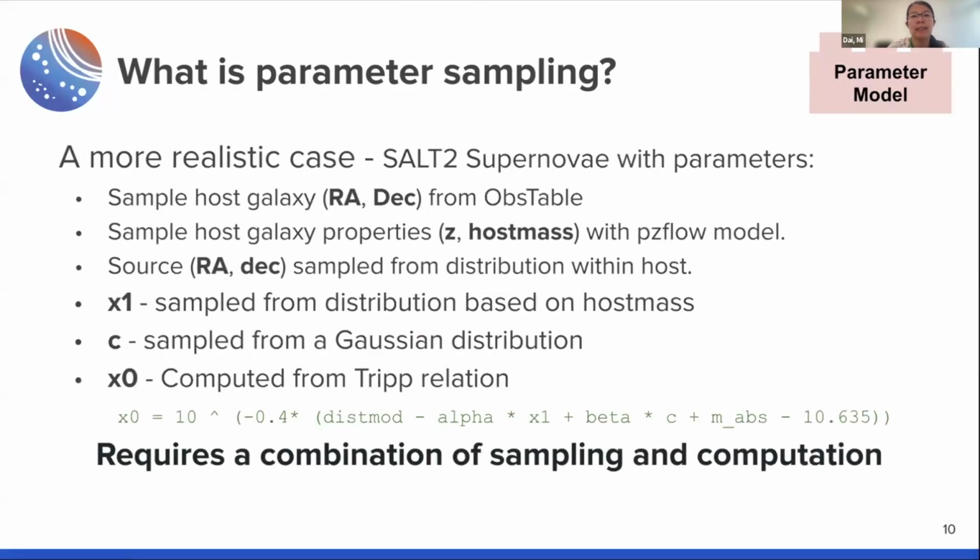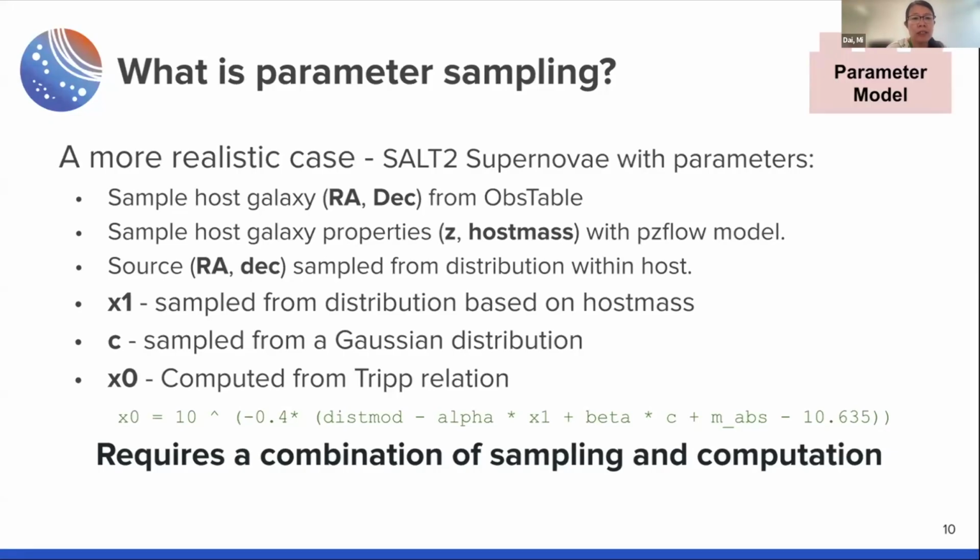A more realistic case would be we simulate this supernova using the SALT model, and we sample RA and DEC from the host galaxy, and this host galaxy can also have other properties that we can simulate using some flow, like a PZ flow model. We can assign the location of the supernova as following some distribution as an offset from the host galaxy center.